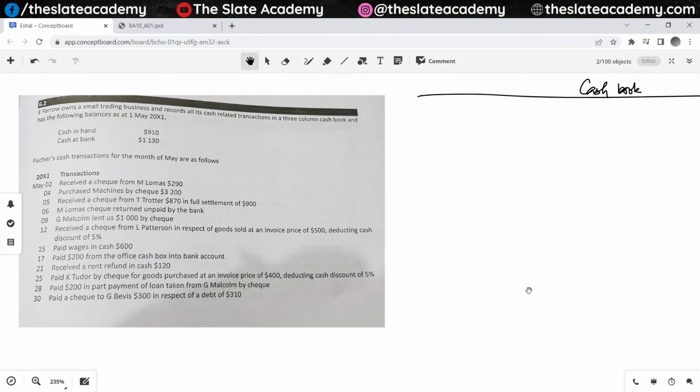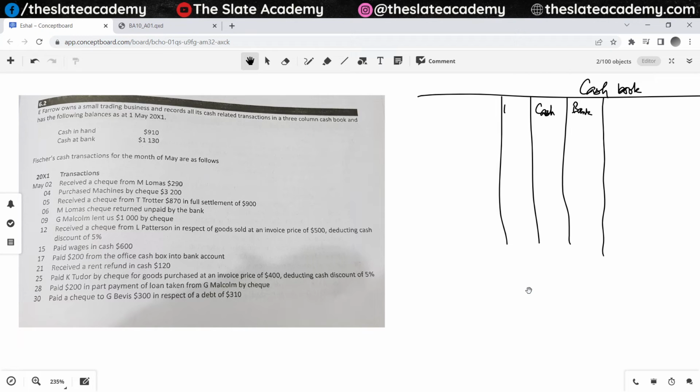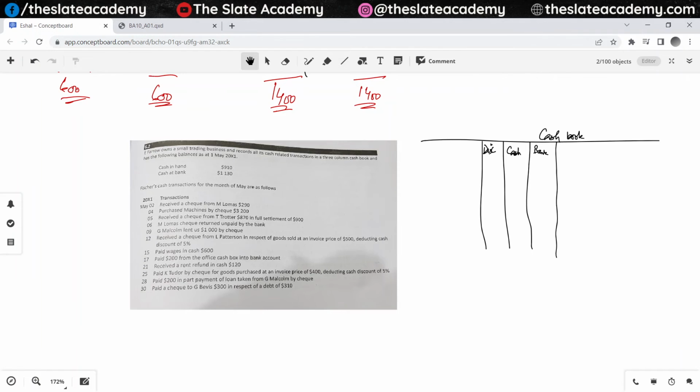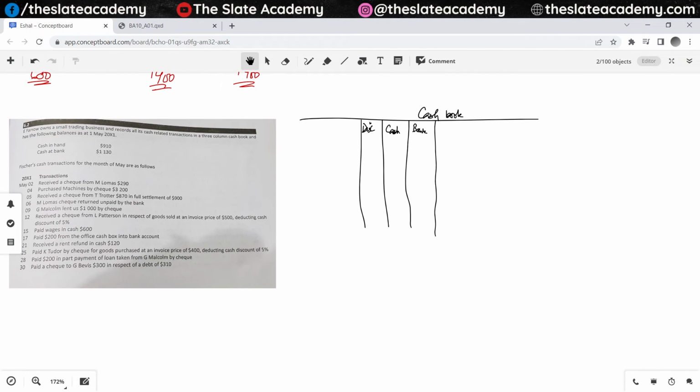First a middle column, and this would be bank. This would be cash. This would be discount. So this question asks just for the cash book, so we'll draw only the cash book and we won't draw the corresponding accounts, the other leg of the entry.